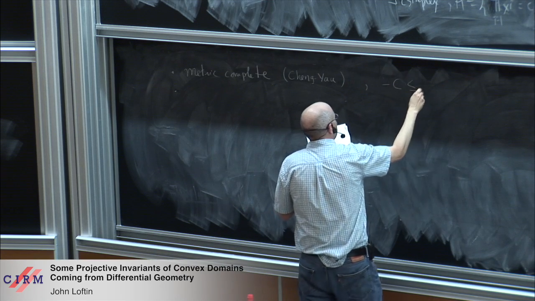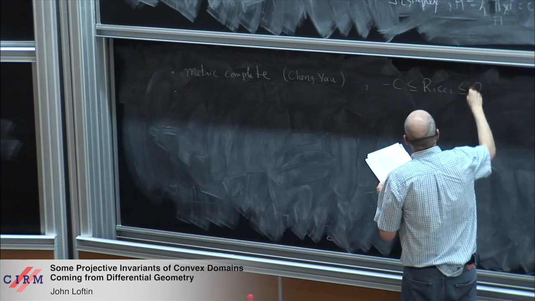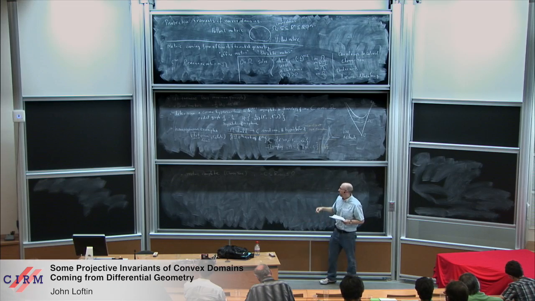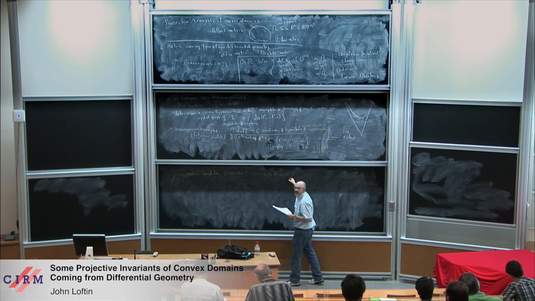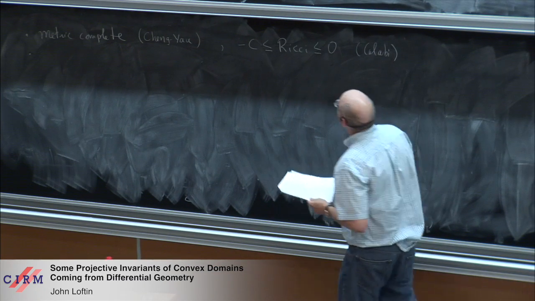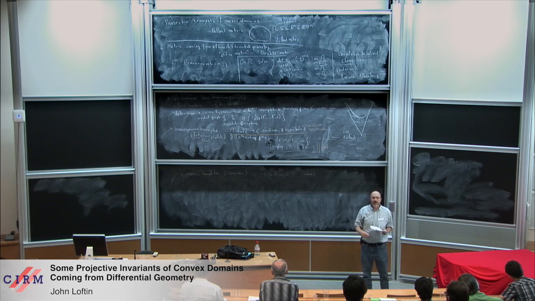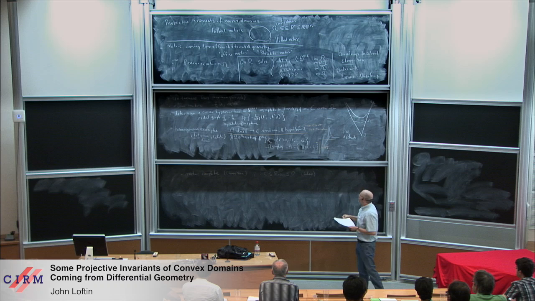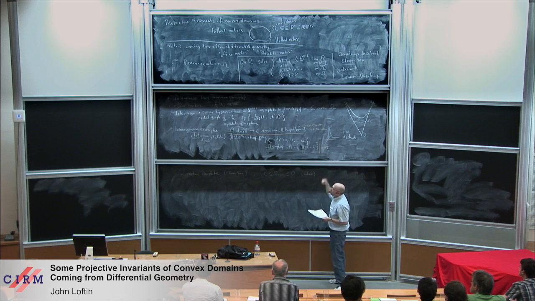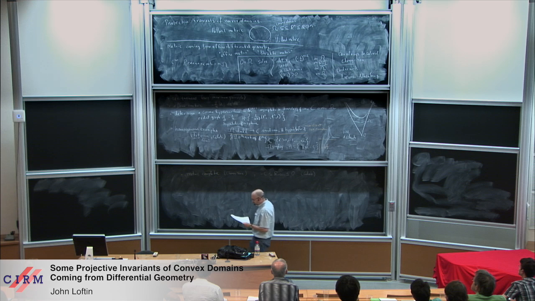There's a uniform constant that only depends on the dimension, such that the Ricci curvature is bounded between this negative constant and 0. And this is due to Calabi. It seems unlikely that you're going to get a bound on sectional curvatures. That's too much to ask, as you might hopefully guess by these two examples. But at least the Ricci curvature is uniformly bounded.